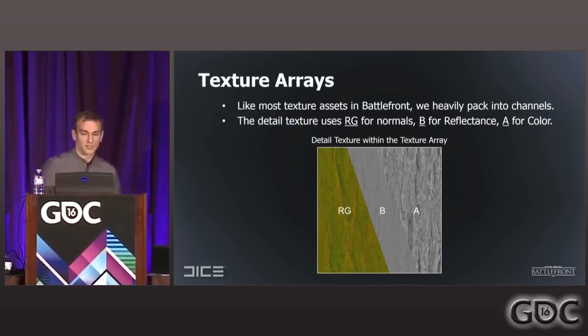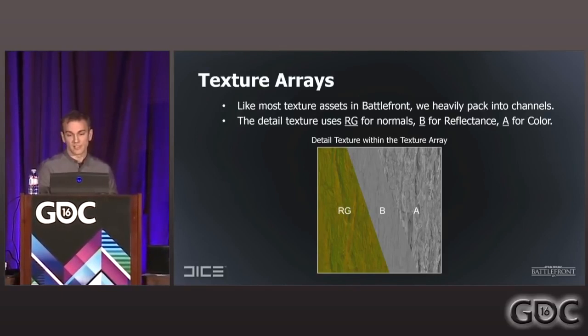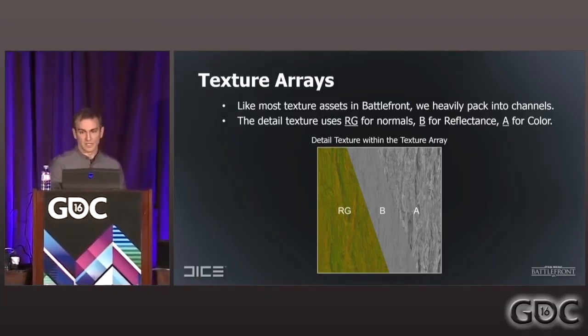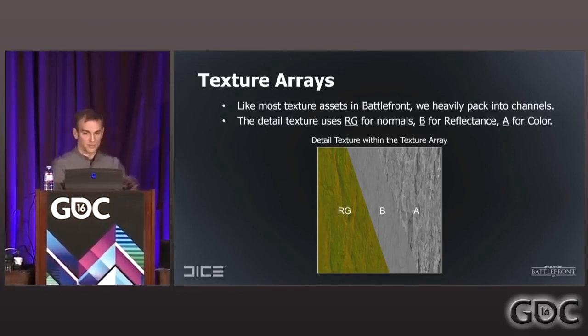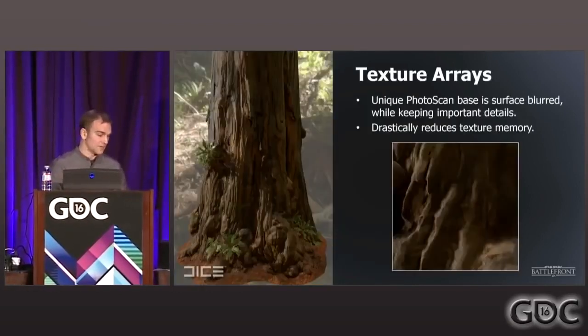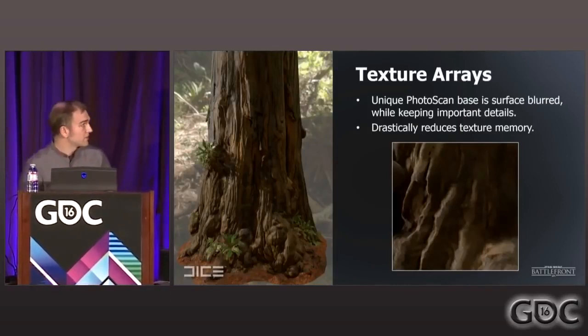In this example, the red and green channels were used for our normal map. We would derive the blue channel. The blue channel was used for reflectance, and A for a grayscale overlay on the color. So we're effectively 5 textures times 3 different uses of those, so 15 different options within one asset.